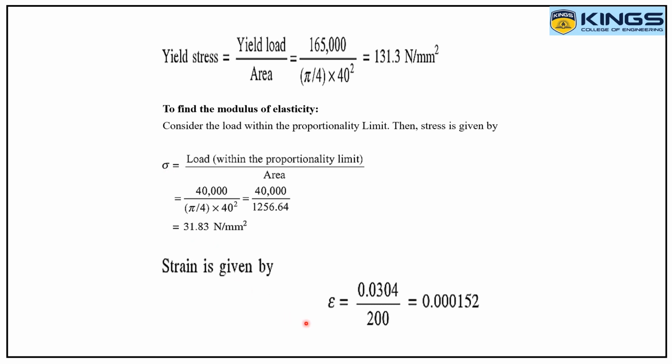Strain is the elongation within the proportionality limit, 0.0304, divided by 200. So we get strain equal to 0.000152. So we have stress and strain.